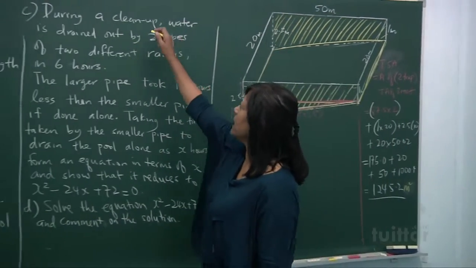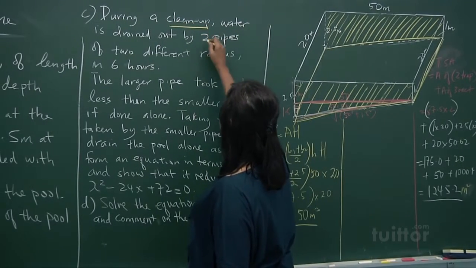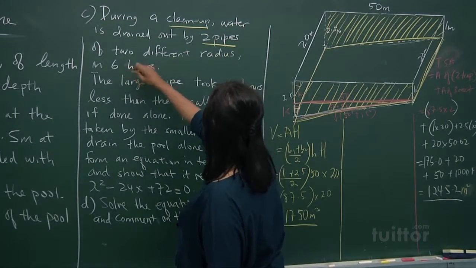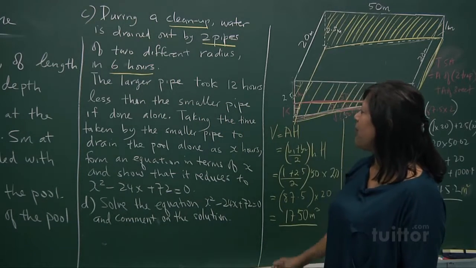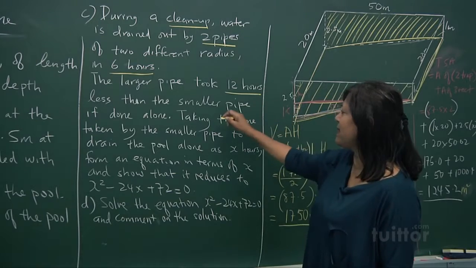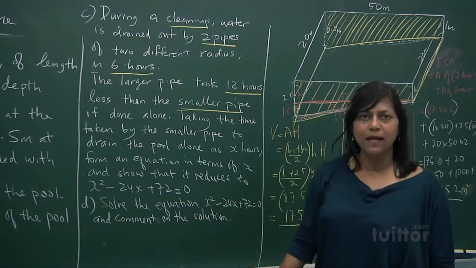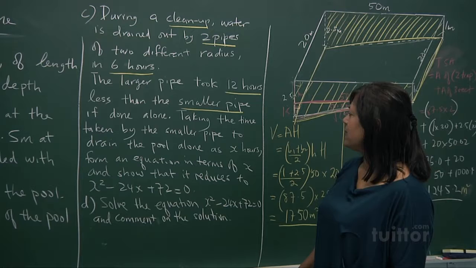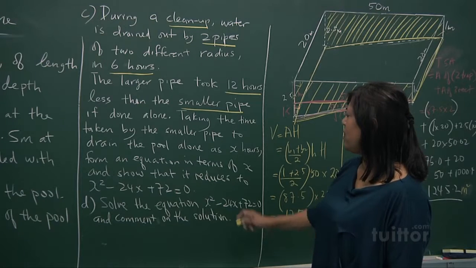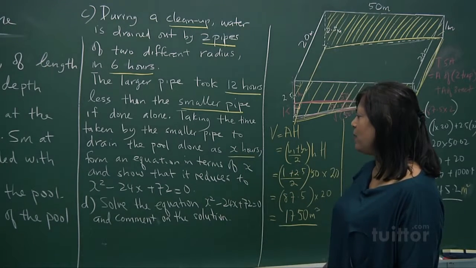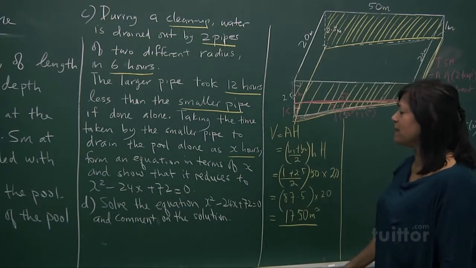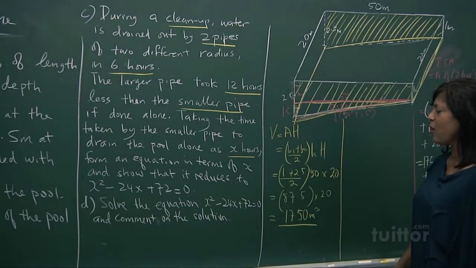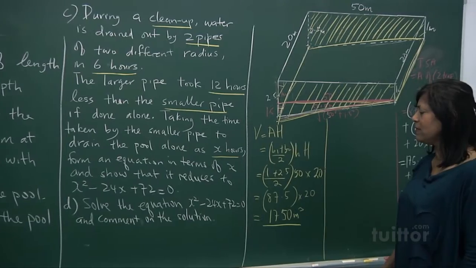Water is drained out of a swimming pool by 2 pipes of different radius, which together take 6 hours. The larger pipe takes 12 hours less than the smaller pipe if done alone. Taking the time taken by the smaller pipe to drain the pool alone as x hours, write an equation that reduces to x squared minus 24x plus 72, solve it, and comment on the solution.